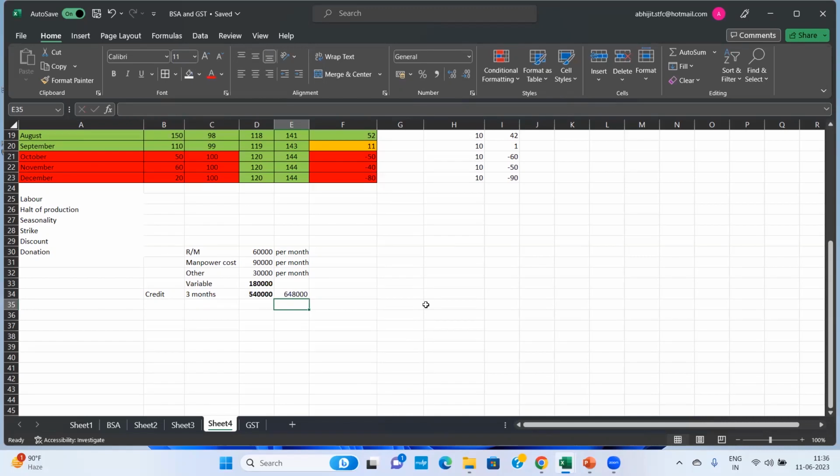You know it is 90 days. But if somehow you don't get your money back within 90 days, then what? Can you stop business? Then you have to borrow.